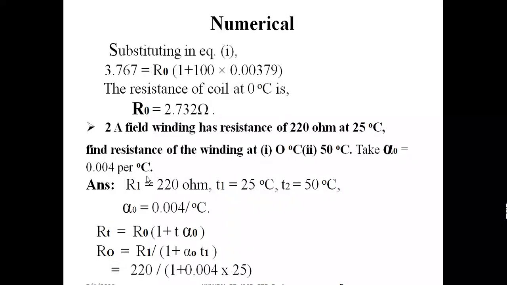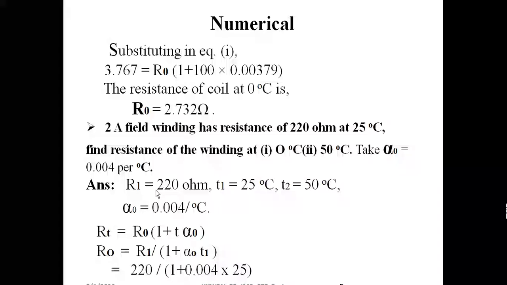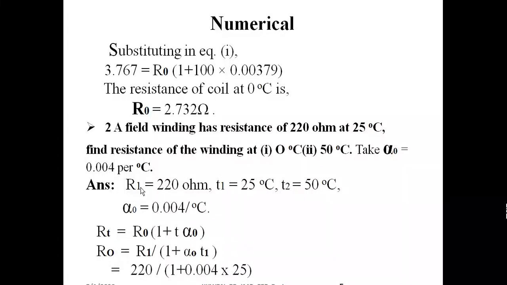It means that here we have been given alpha 0, and two resistances have to be calculated. R1 here is the resistance of the coil at 25 degree centigrade, that is T1 is 25 degree centigrade, corresponding resistance is 220 ohm, T2 is 50 degree centigrade, and alpha 0 is 0.004 per degree centigrade.